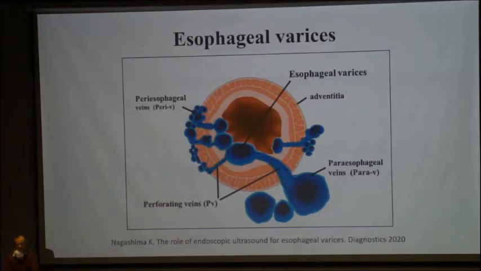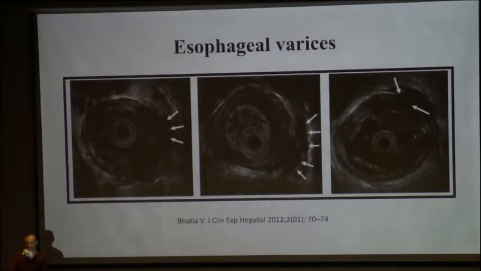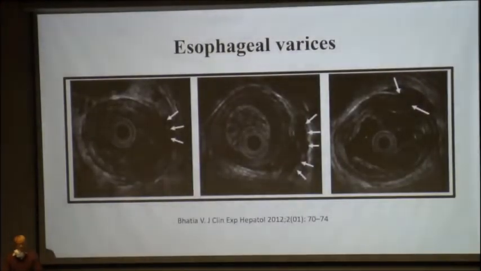These vessels can be seen quite easily with the help of radial EUS scopes or the ultrasound mini probes. As we can see here, these are the small peri-esophageal vessels outside the wall of the esophagus, adjacent to it. These are the bigger ones, the para-esophageal vessels, which are away from the wall of the esophagus. And these are the varices in the esophageal lumen.